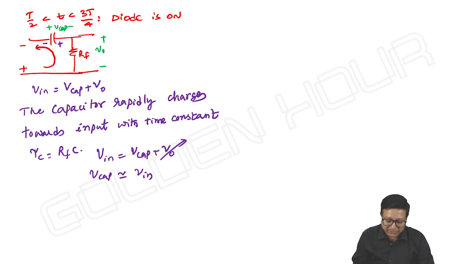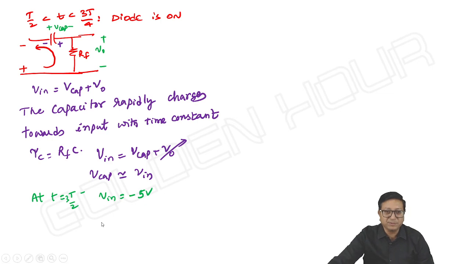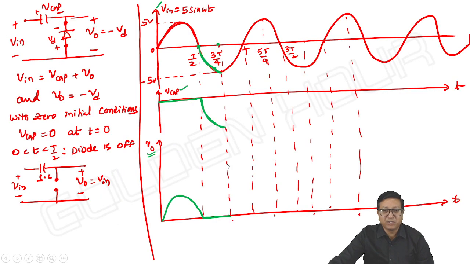Done. Next, at t is equal to 3T by 2, V input falls up to its negative peak of minus 5 volt. The input is just reaching its negative peak.